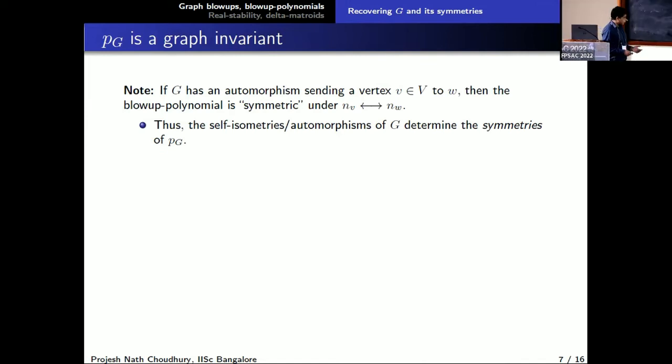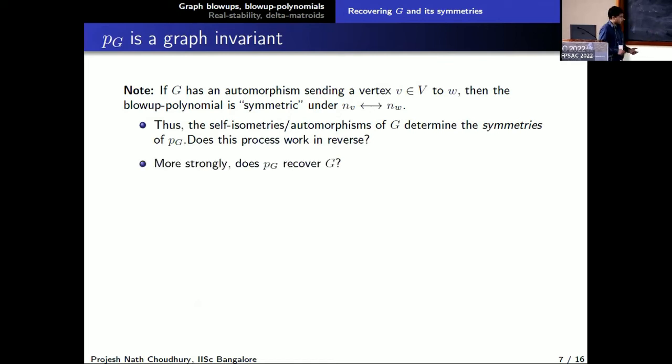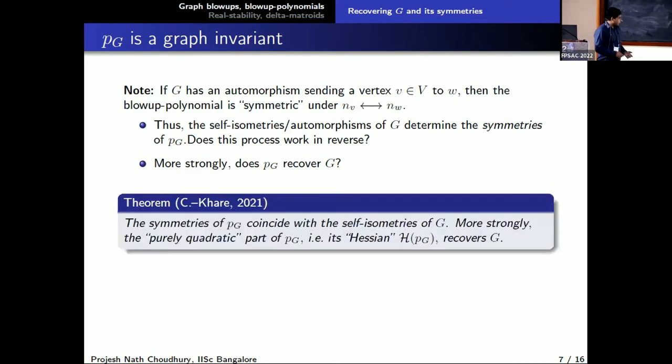Now the question is, if I know how my blowup polynomial is symmetric in the variables, can I understand the automorphisms of G? And this is the weaker question. And the stronger question is, of course, does this polynomial recover the graph G, from which I could get at the automorphisms of G? And the answer turned out to be yes for both of these questions.